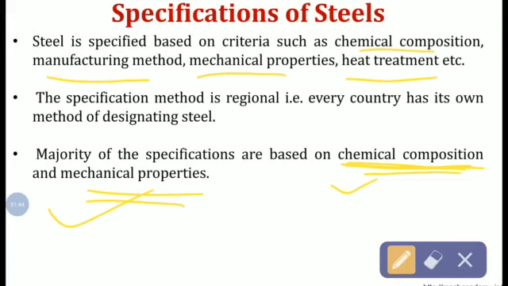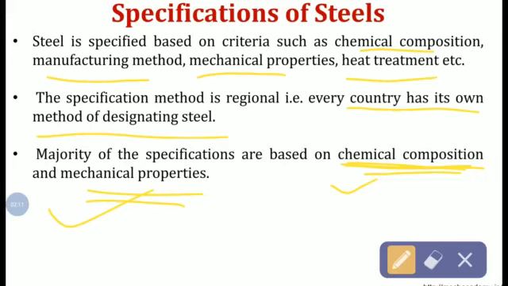And every country has its own method of designating steel, correct? The knowledge of these specifications also helps in selecting a proper type of steel from those available in the market for a particular application. So depending upon application, we have to select proper steel, and to select that steel, we should have knowledge of the specification of steels.